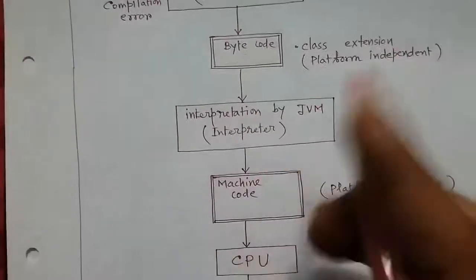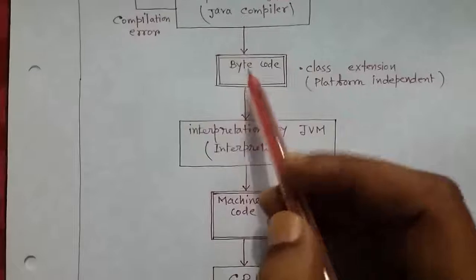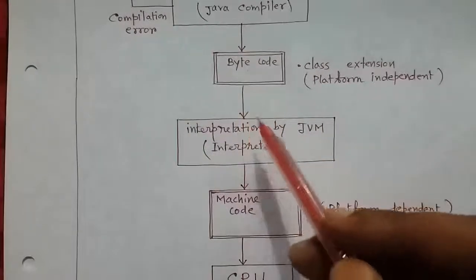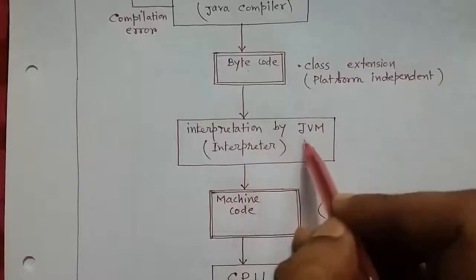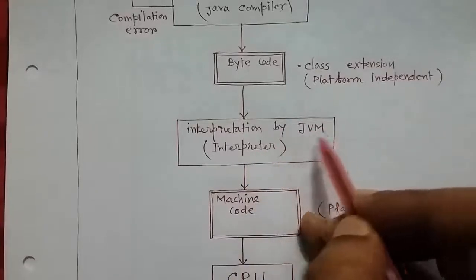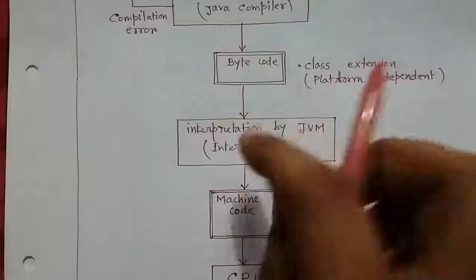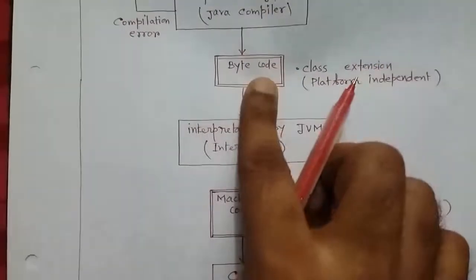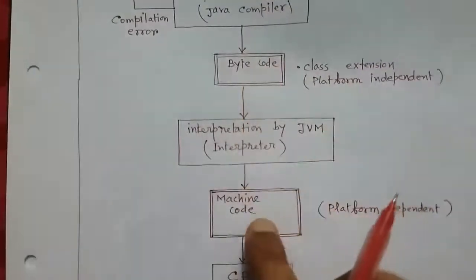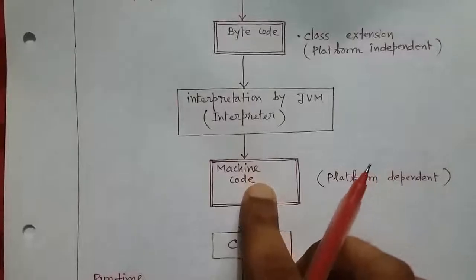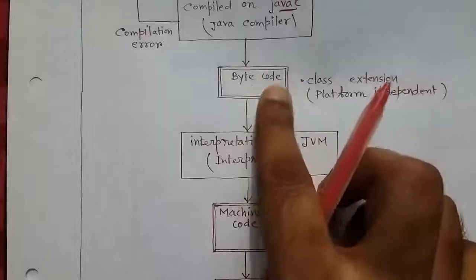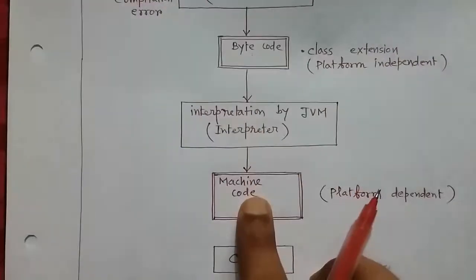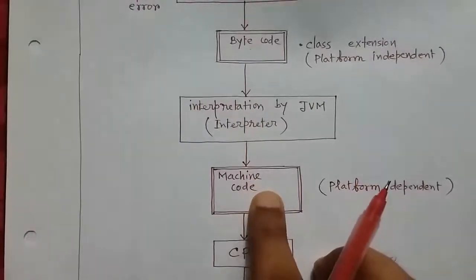After that, when this bytecode is run on any system, an interpreter that is known as JVM is needed to translate this bytecode to platform dependent machine code. So what is the role of JVM? JVM translates this bytecode into platform dependent machine code.